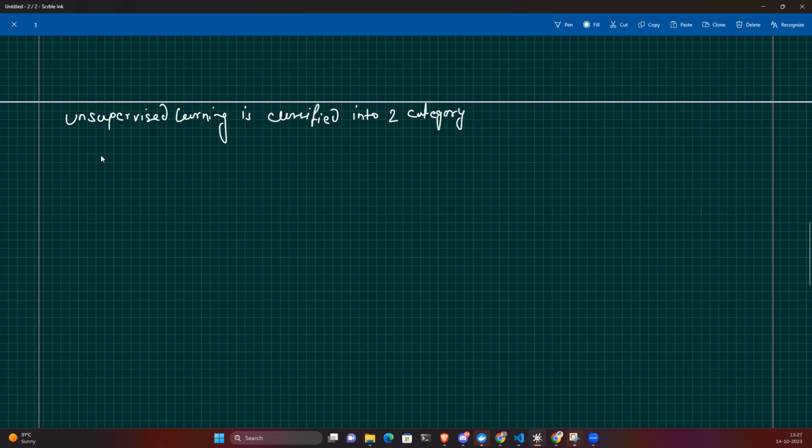Number one, clustering, which we are going to learn in some time. Number two, association. So let's talk about clustering.